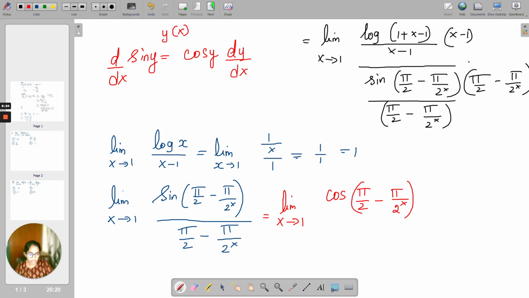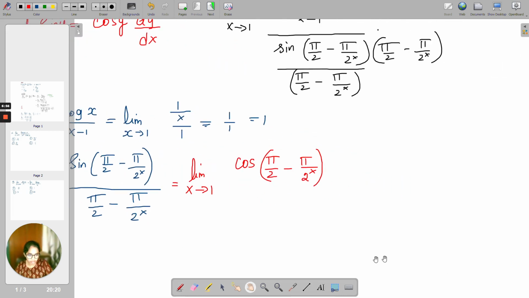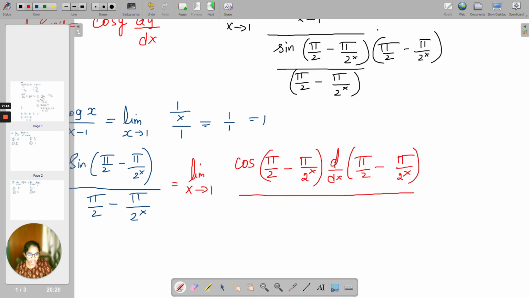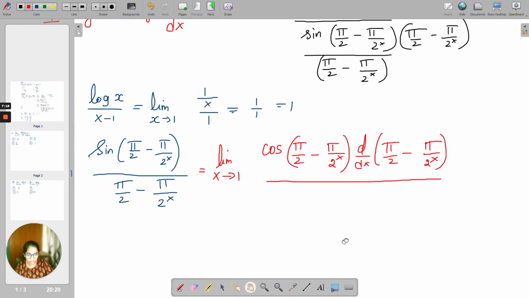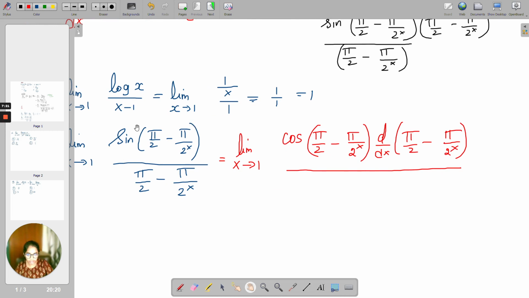I would have to differentiate this again with respect to x, that is pi by 2 minus pi divided by 2 power x, divided by the differentiation of pi by 2. So this is L'Hospital's rule: we are differentiating the numerator and again differentiating the denominator with respect to x. This is L'Hospital's rule.